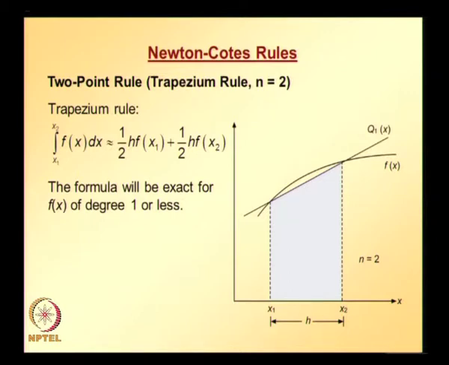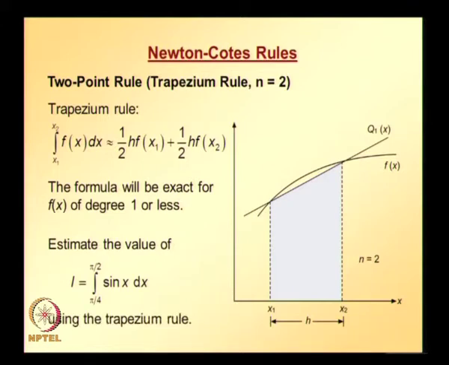So to illustrate the procedure, let us try to evaluate this integral of sin x between the limits pi over 4 and pi over 2. So lower limit is pi over 4, upper limit is pi over 2, using trapezium rule.